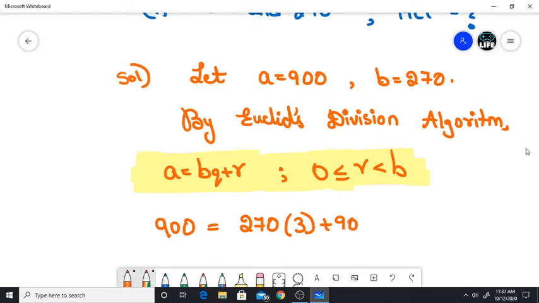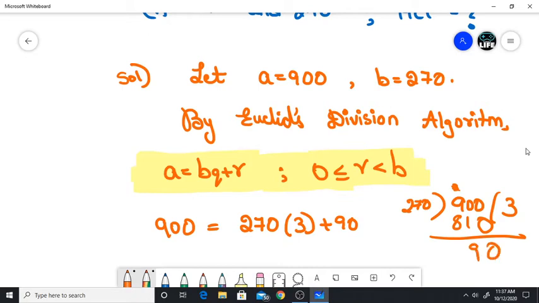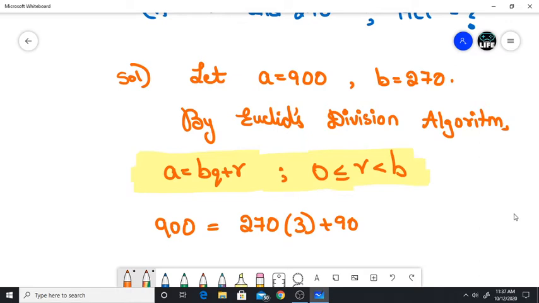We can write it like this because 900 divided by 270 gives you 270 into 3, which is 810, and the remainder is 90. So we can write it as 270 into 3 plus 90.